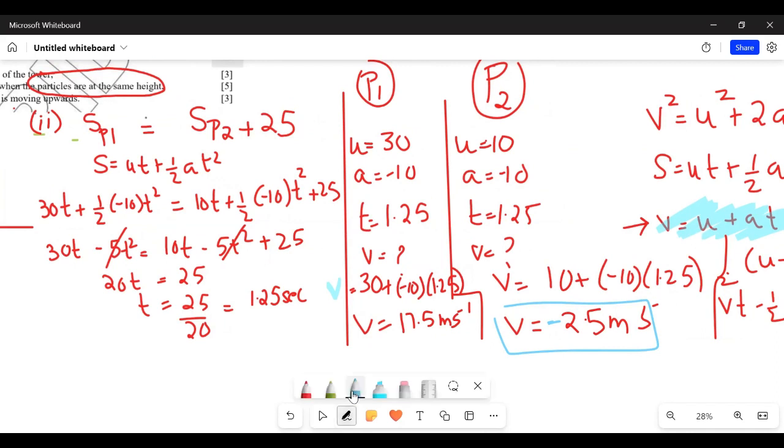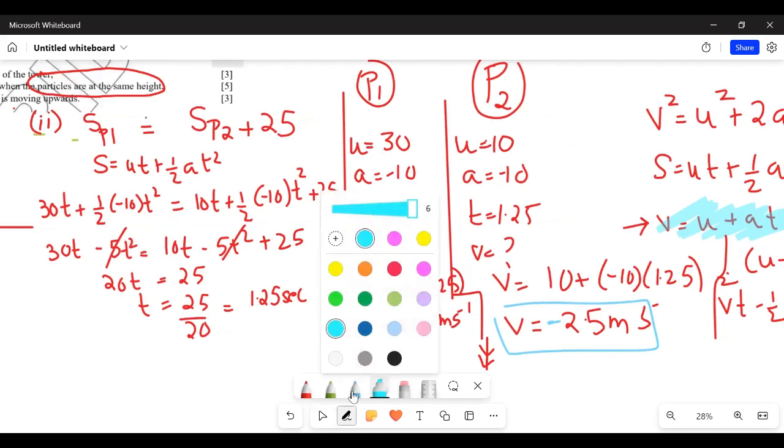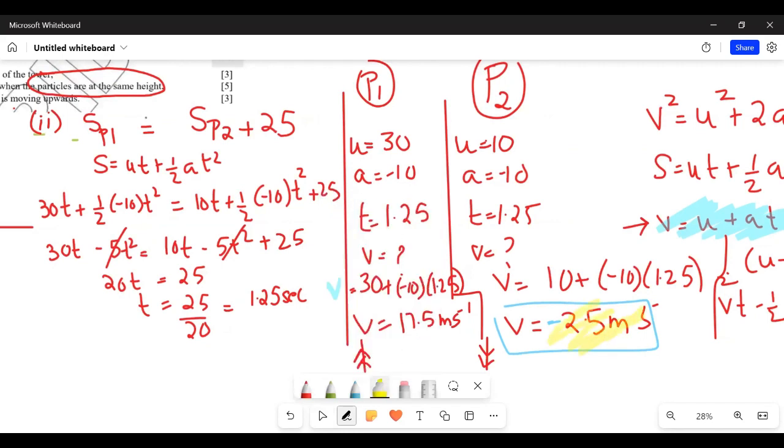So if the particle P1 was going upward, this one is now going downwards, as indicated by the negative sign of the velocity. Okay, so this negative 2.5 is of significance. You need to know what this means. इसका मतलब है ये अगर negative 2.5 है तो ये opposite direction में चल रहा है. Particle P1 ऊपर जा रहा है अगर, तो इस वक्त particle P2 नीचे आ रहा है.